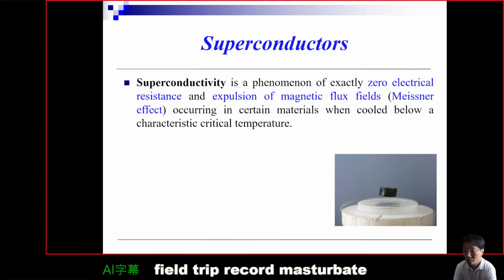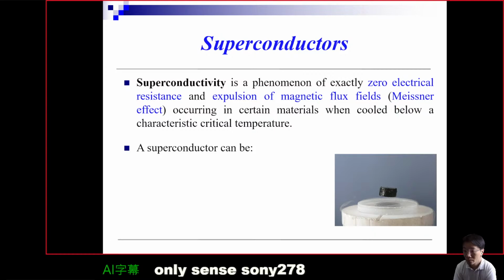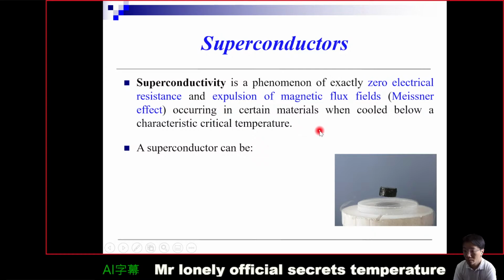So a good description of a superconductor is not only zero electric resistance, it also needs to contain the Meissner effect. Another characteristic is that the superconductor has a critical temperature, and these two phenomena only appear when the temperature is less than the critical temperature, which we call Tc.